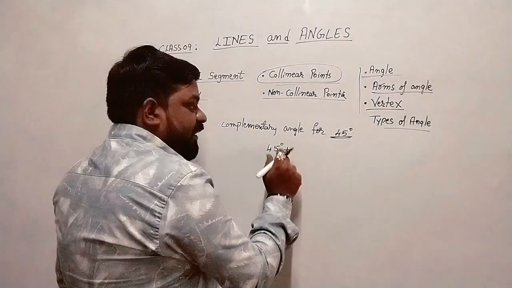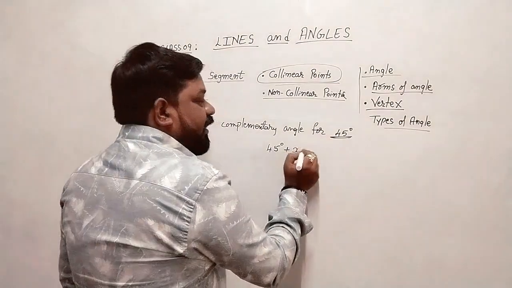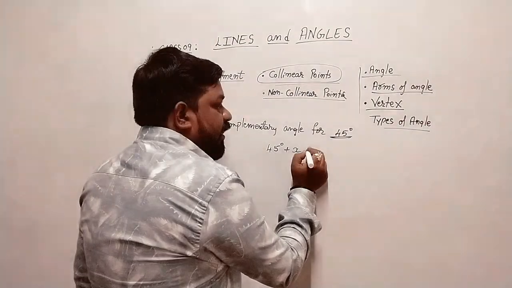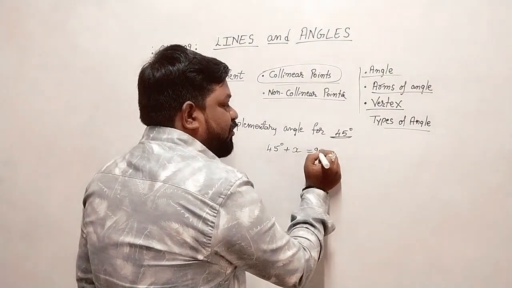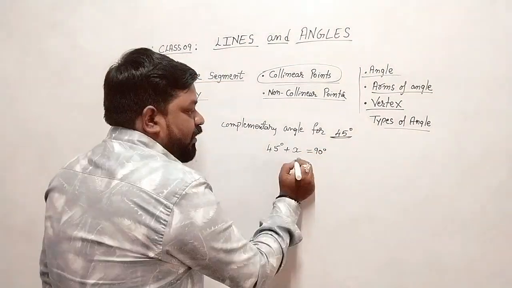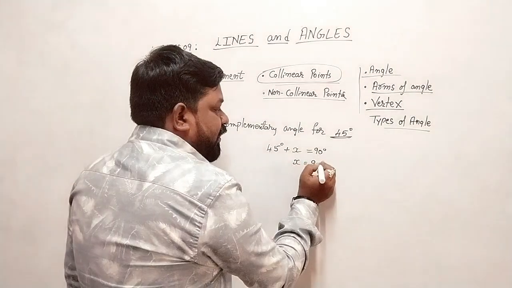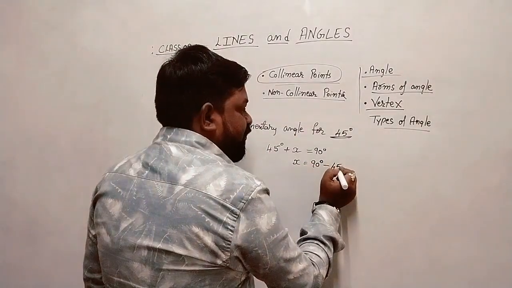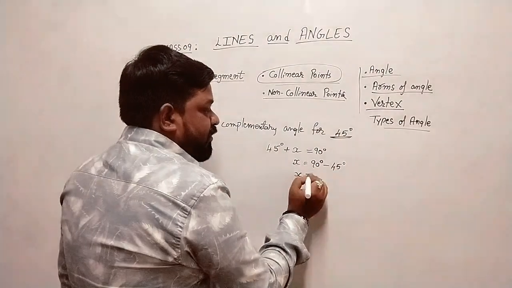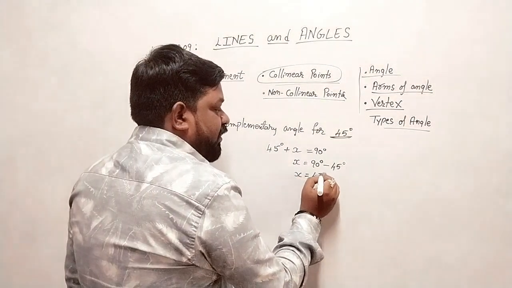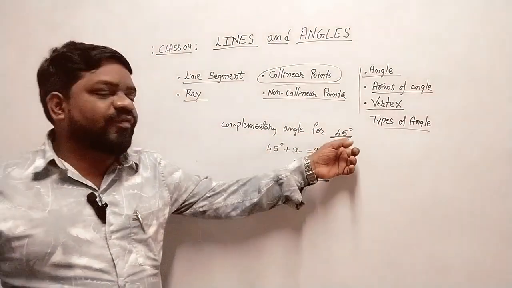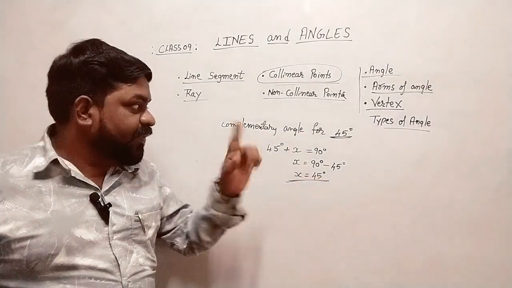So 45 degrees plus another angle x. If we add these two angles, we should get how much? 90 degrees. So x equals 90 minus 45, which is 45 degrees. So the complementary angle for 45 is 45 degrees.